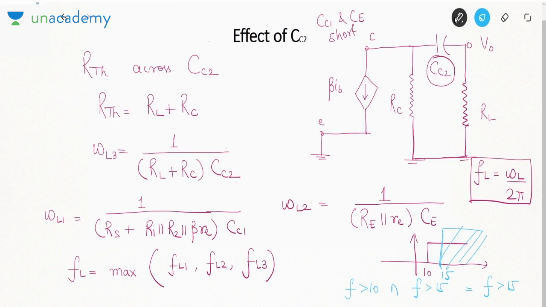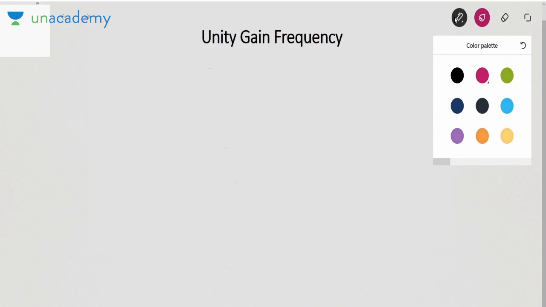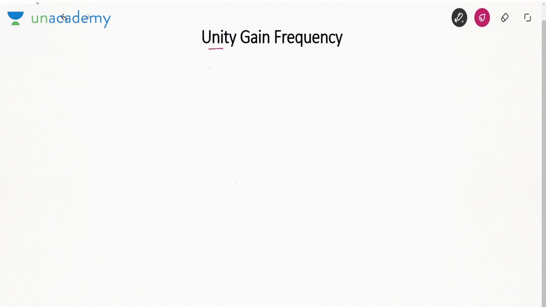Okay. Moving on to the last term in the low frequency response, which is called the unity gain frequency. Just now we have seen that the low frequency gain is given by mid frequency gain divided by under root 1 plus omega L by omega whole square.